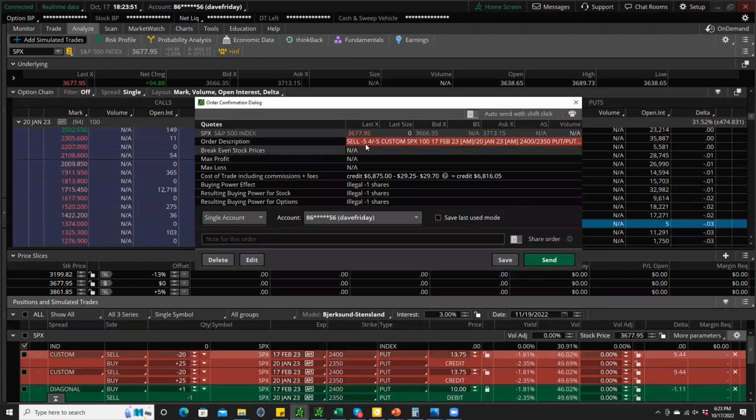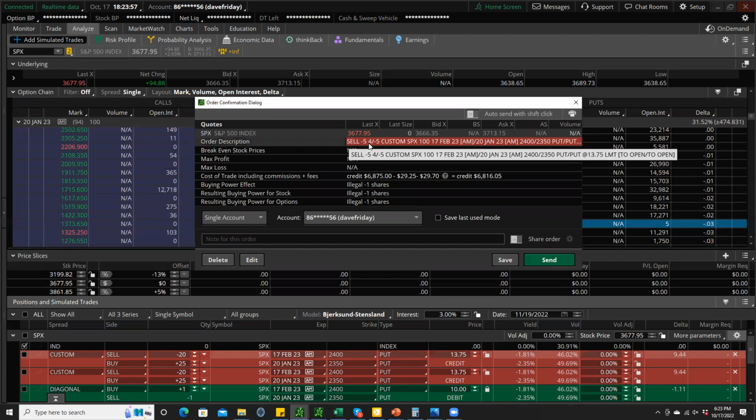But when we hit confirm and send, or build the order, if that's how your platform works, it's going to tell us that we're actually selling 5 of the combination trades, that is buying 4 and selling 5. If you multiply 4 times 5, that's 20, and 5 times 5.